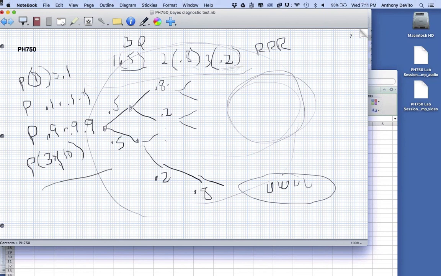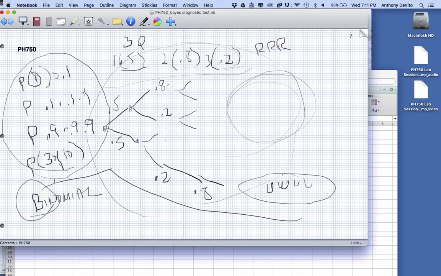Fortunately, not this week, but in coming weeks, probably next week or the week after, we're going to be looking at how to determine this using a formula and a distribution called the binomial distribution. Binomial means that there's two choices. So anytime there's two choices, there's a certain kind of technique that we can use to determine these probabilities.